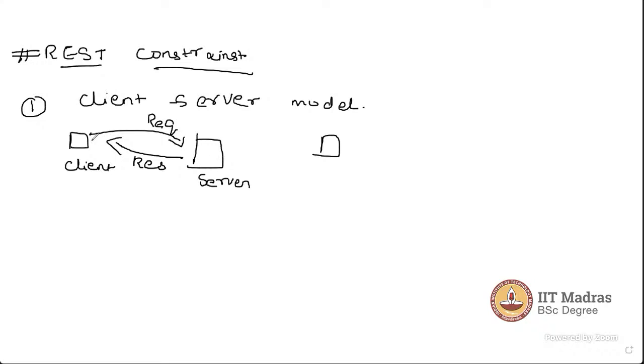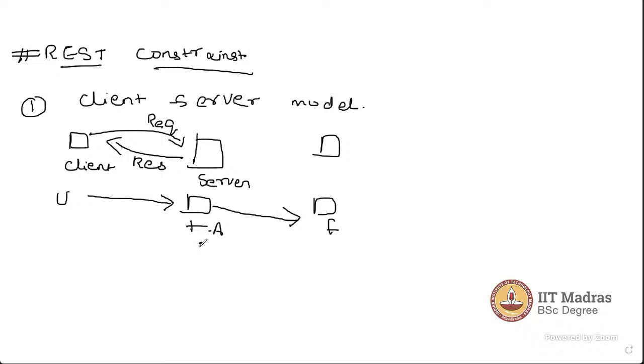This thing is important. Let's say you are a user and you are sending a request to the Tinder application, and this Tinder application is again sending a request to the Facebook application.